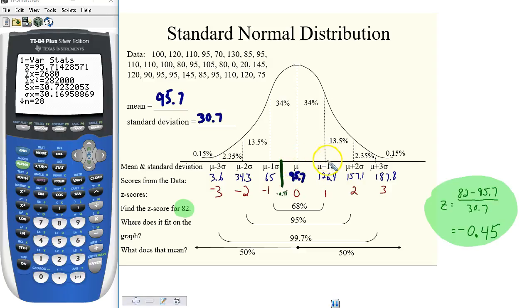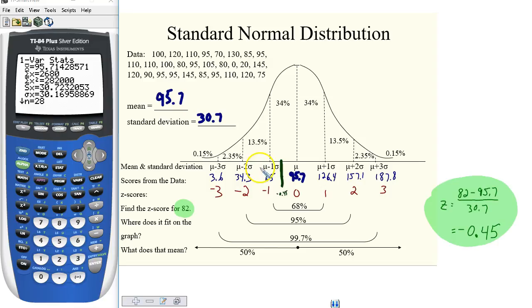I'm confident that 13.5% of the data is going to fall between 126.4 and 157.1. So knowing where each of these numbers falls under my normal curve can help me know what percent of my data falls between two of these numbers.